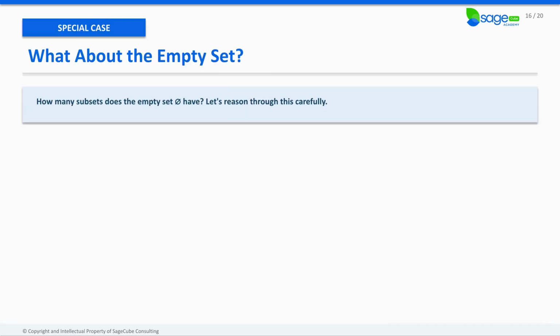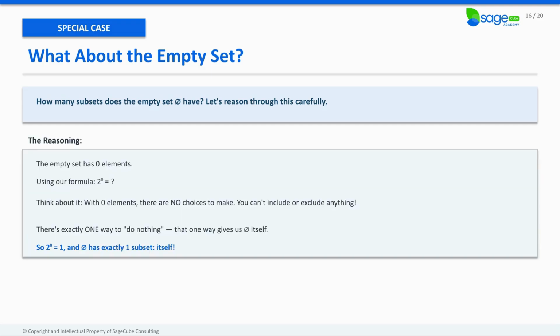Yeah. Then this is a special case that we're talking about. So how many subsets does the empty set have? Let's think through this carefully. So we realized from the previous example that it's going to be 2 exponent 0, which equals 1. And that's exactly itself. Okay, so the empty set is a subset of every set, including itself.